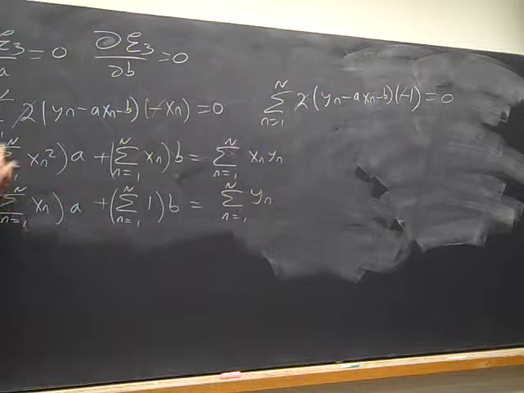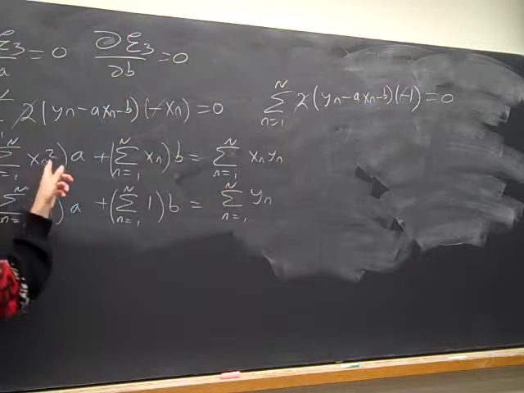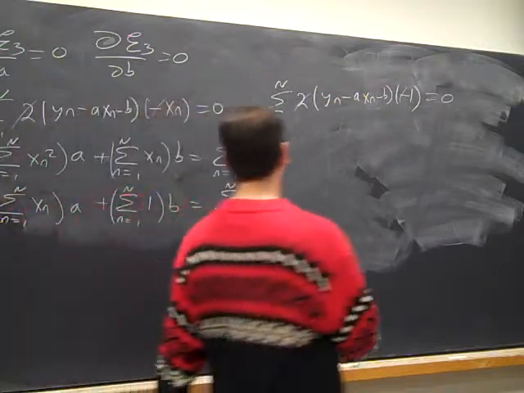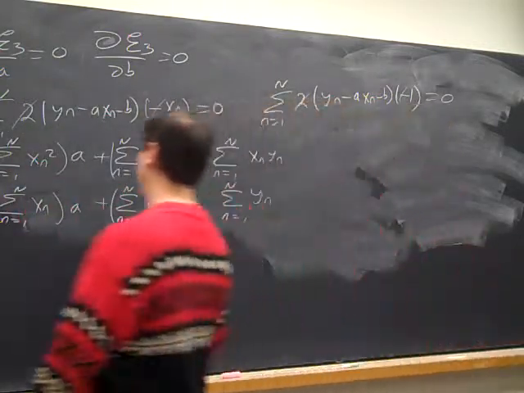What does this quantity look like here, the sum of xn squared? Does that look like anything we've seen? Not quite the variance. The second moment. So if I assume each xn is chosen with the same probability, this is going to give me the following matrix.